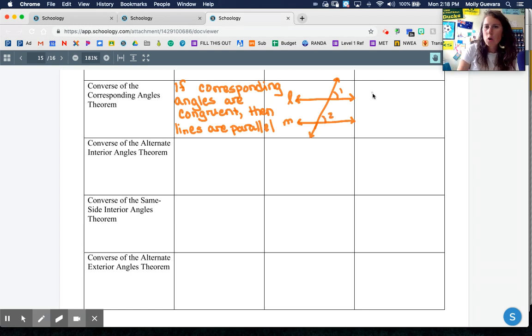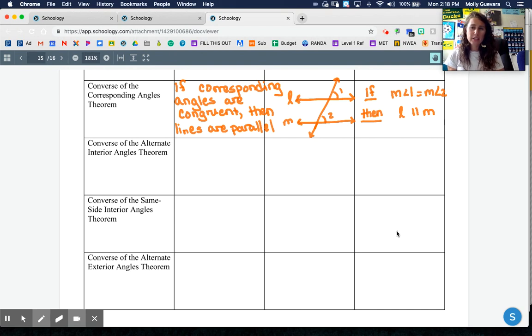Okay, so if the measure of angle 1 equals the measure of angle 2, then L is parallel to M. So you're just going the opposite way. Instead of given that the lines are parallel, you're given that the angles are equal. Okay, let's move on.